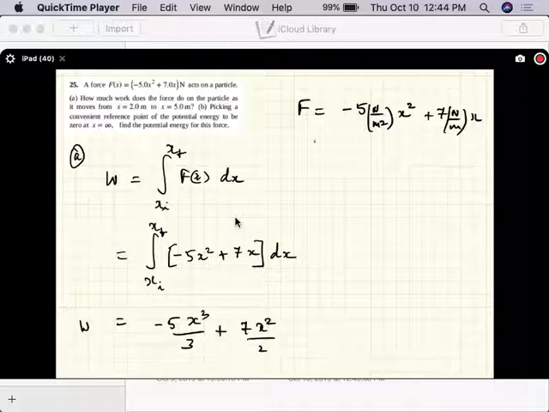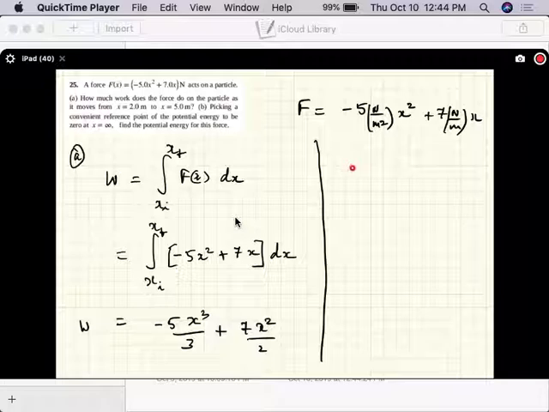Also, since this function is integrable, this force is the derivative of this function. And if the force is a derivative of a function, that function is the potential energy function, except the negative of that function is the potential energy function.